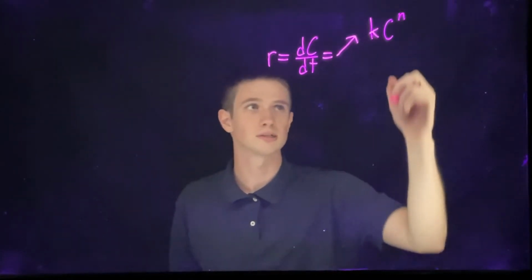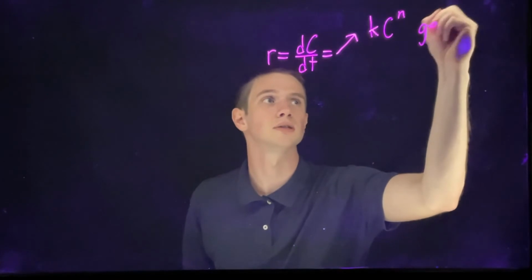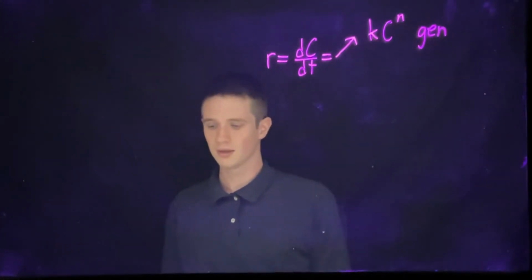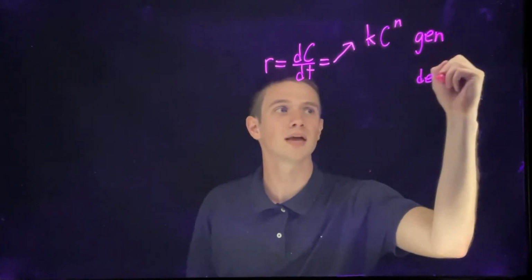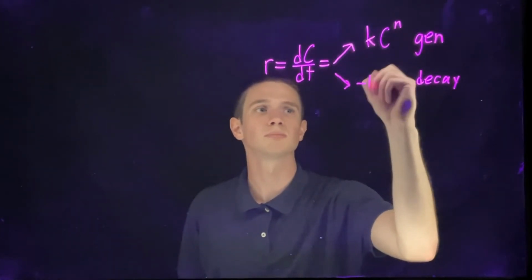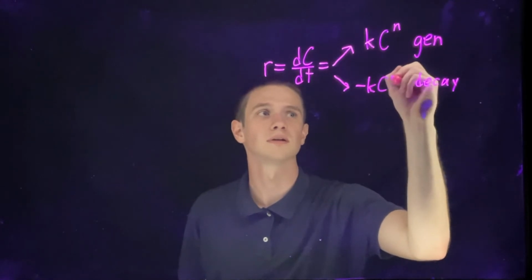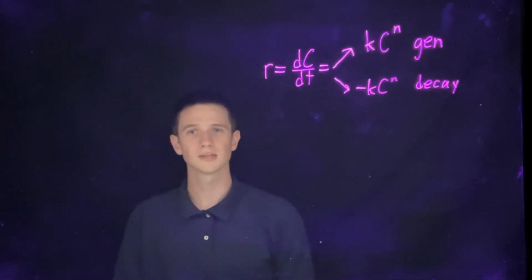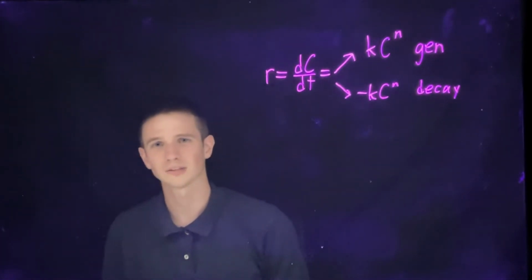Again, n is just some constant, and that's for generation, if we're making a contaminant. If we're talking about decay, where we're losing the contaminant, we simply just put a negative in front. And that's our R part of the reaction term.